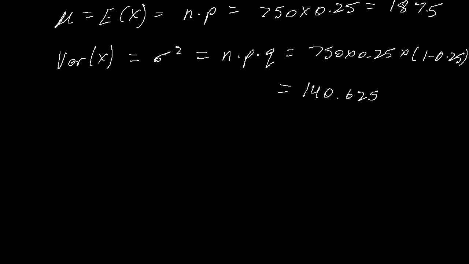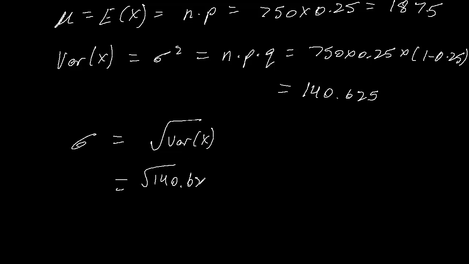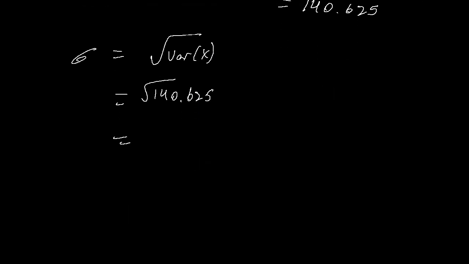Now, the parameters for a normal distribution are the mean and the standard deviation. So the standard deviation is equal to the square root of the variance, which is the square root of 140.625, and this is equal to 11.8585.